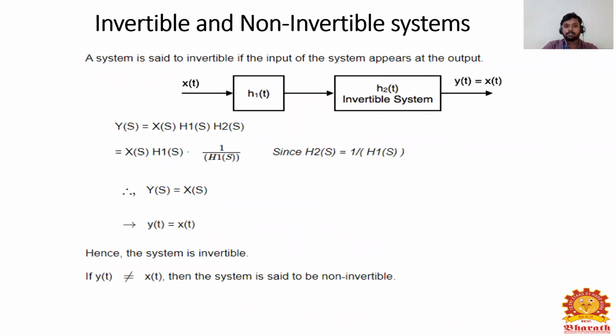So what is invertible and non-invertible? If the input of the system appears at the output, then it is an invertible system. If the input of the system differs at the output, then the system is called non-invertible.